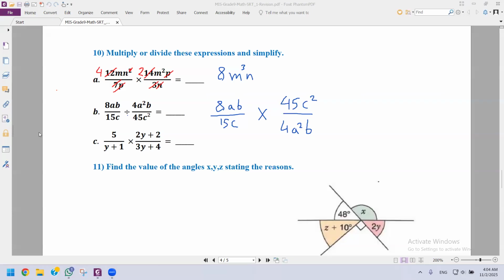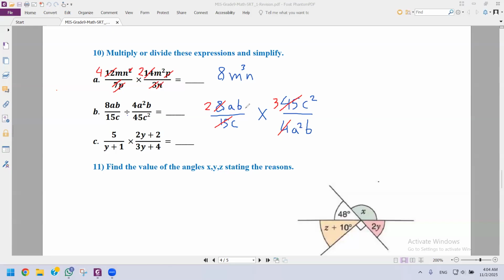Now we do the simplification, not before, now. So 4 divided by 4, cancel. 8 divided by 4, 2. 15 and 45, both of them can be divided by 15. Or you can do it by 5 and then by 3. 15 divided by 15, cancel. 45 divided by 15, 3.